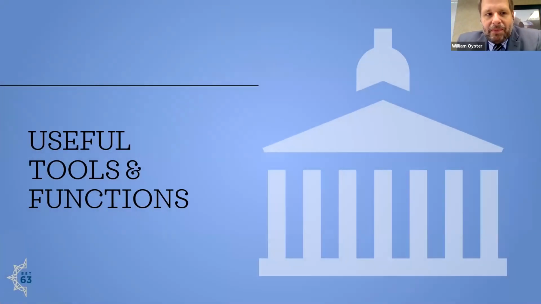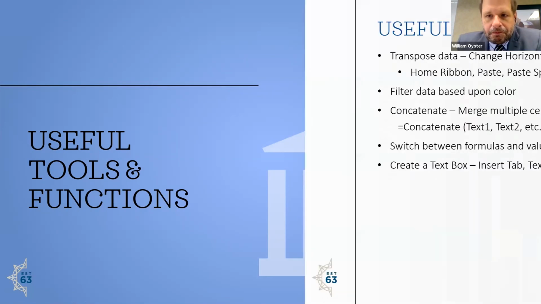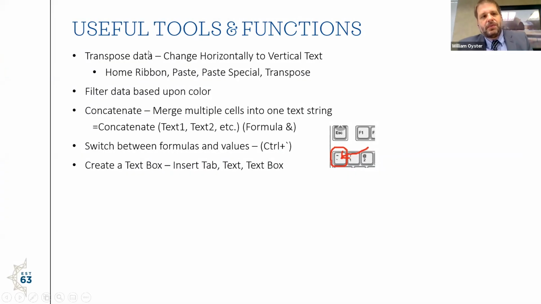So we're just going to wrap up our Excel section with some useful tools and functions within Excel that we thought might be helpful for everybody. The first one is the idea of transposing data. Say you're starting to set up a spreadsheet and you put the months across the top as column headers, and then later on you realize, well, I only have like 4 columns or rows beneath that.